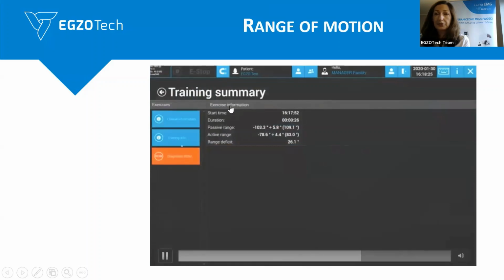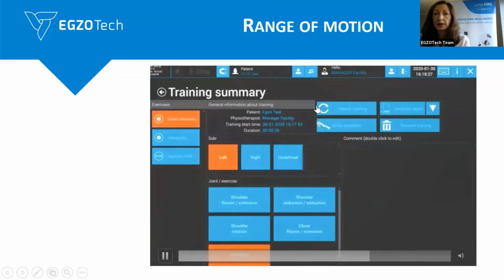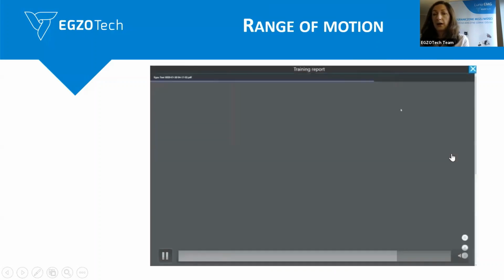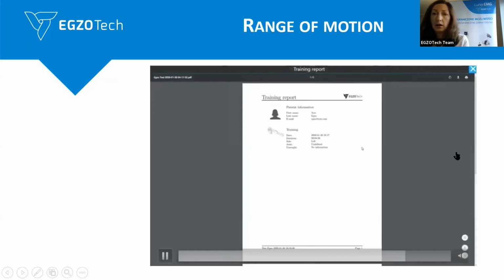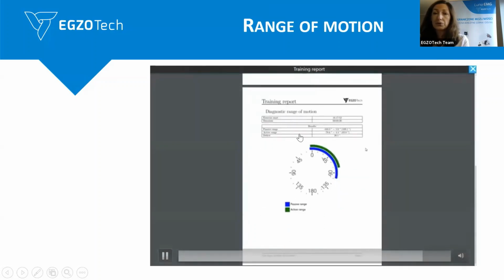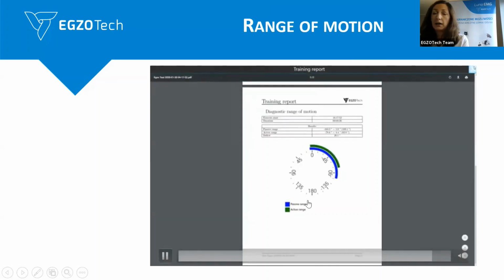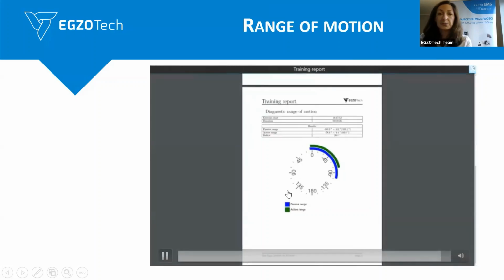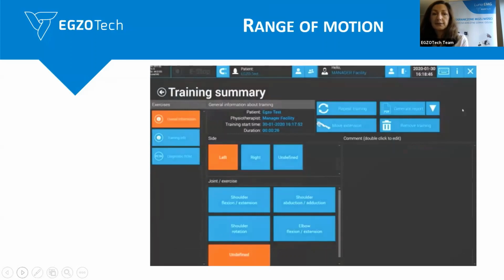After the training you can have a summary, and you can also generate the report in which you will have the very detailed data. So what was the range of motion, what was the movement, and what is the difference between the active and the passive movement.